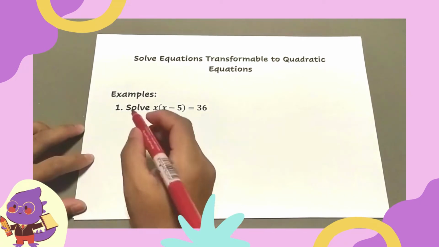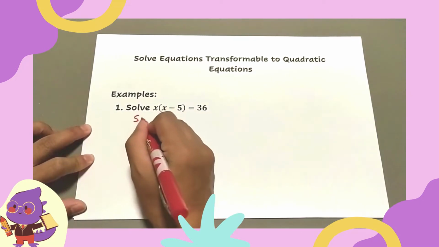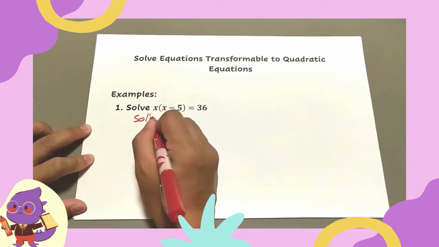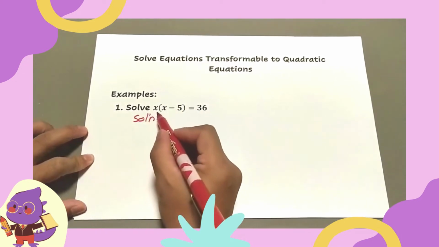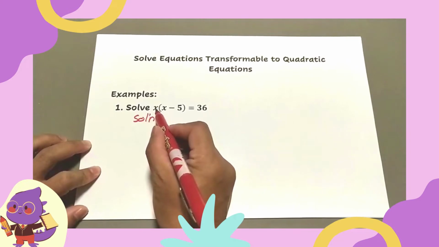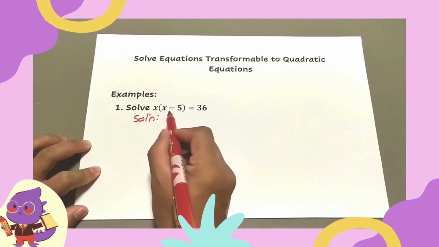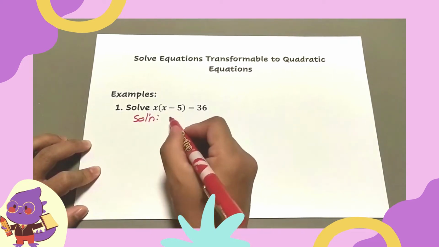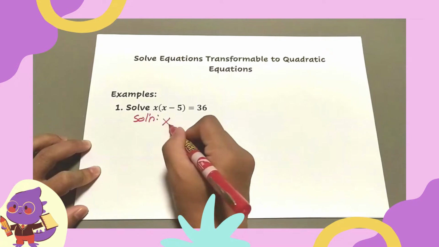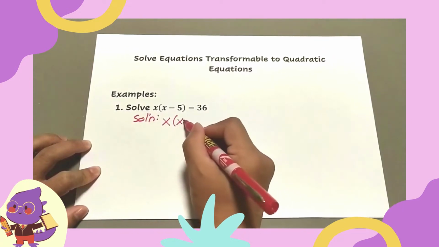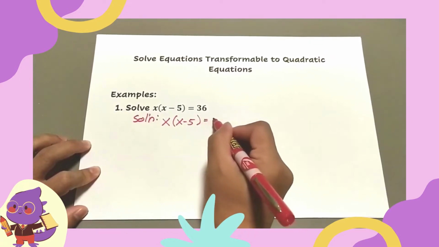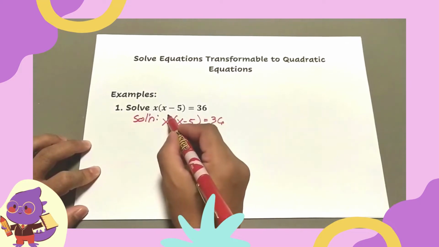First, ang unang gagawin nyo is you are going to distribute this x doon sa quantified expression natin, which is the x minus 5. So, x times x minus 5 equals 36.